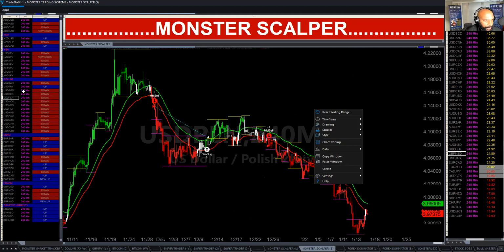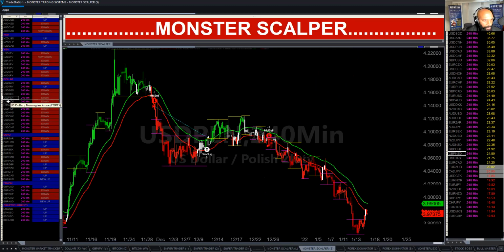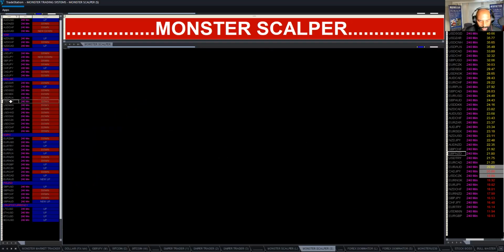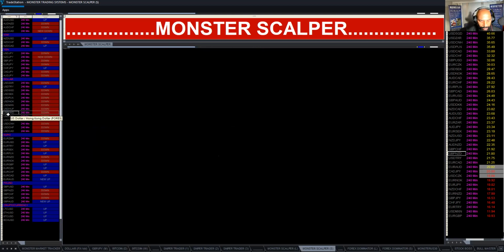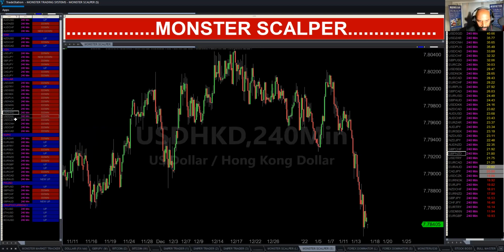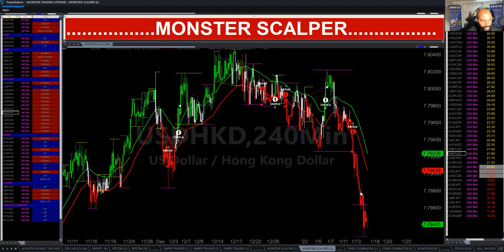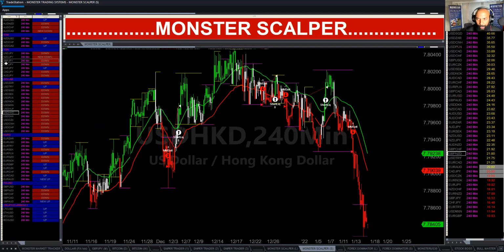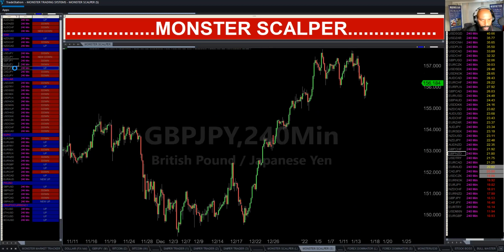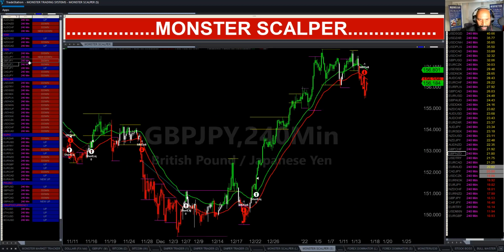If you missed the run, don't chase them, wait for the next move to the upside. However, we're starting to see new moves in the yen pairs. So here is pound yen.